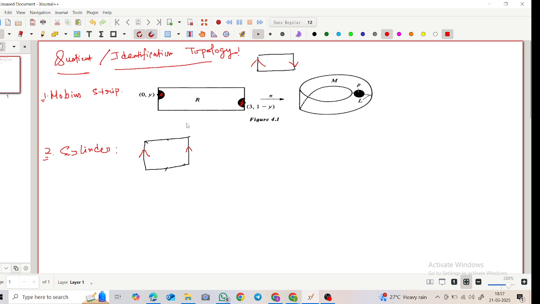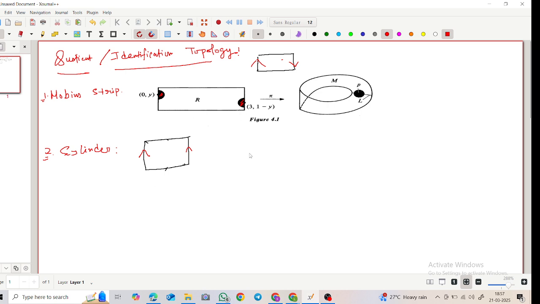In each of the cases we are gluing the vertical sides of a rectangle with each other. But what we are doing is gluing them in the opposite direction here and in the same direction here.